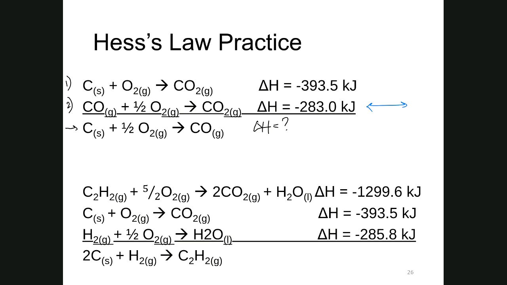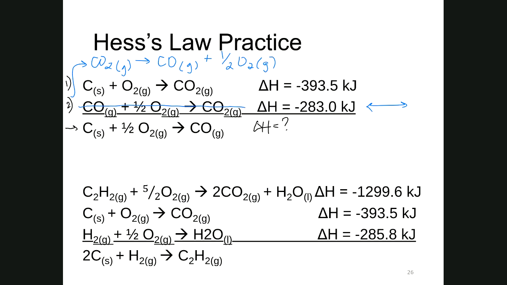So I'm just going to show little reversing arrows. So that's going to change this reaction. And because I don't have a whole lot of room, I'm going to rewrite it up here. So it will become CO2 gas makes carbon monoxide gas plus half an oxygen. That way we get rid of this.